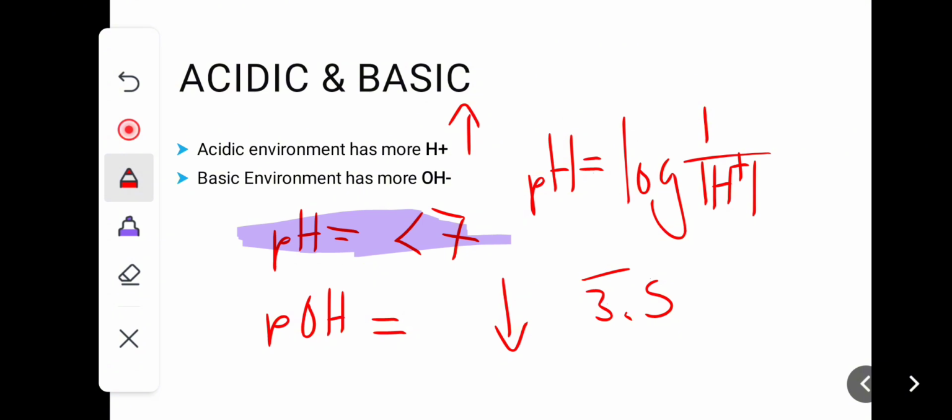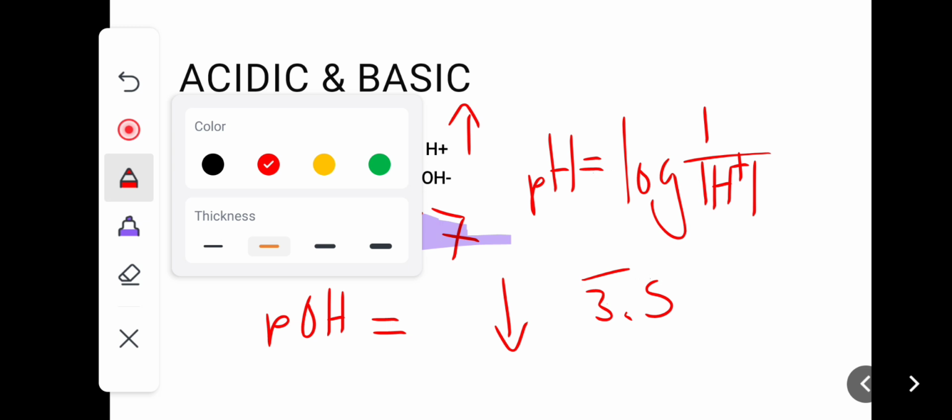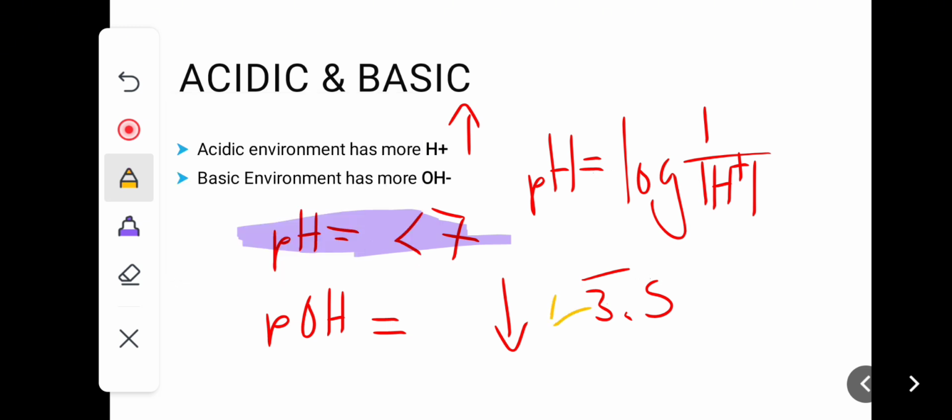A strong acid would be below 3.5, like 2, and something greater than this, like 5 or 6, is a weak acid. But all in all, anything less than 7 is an acid, and the pH has an inverse relation with the concentration of the hydrogen ions.